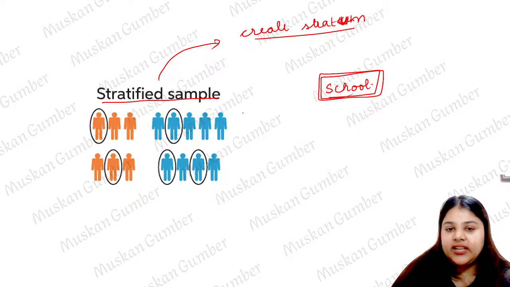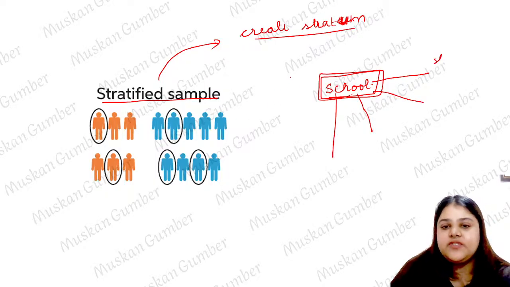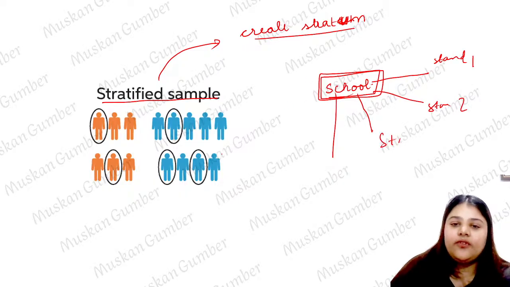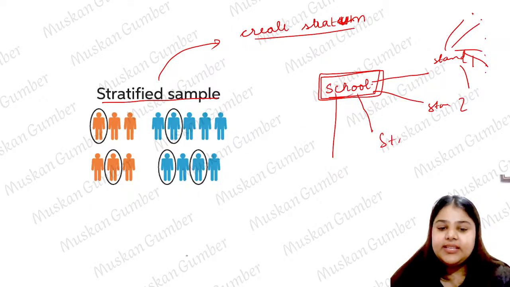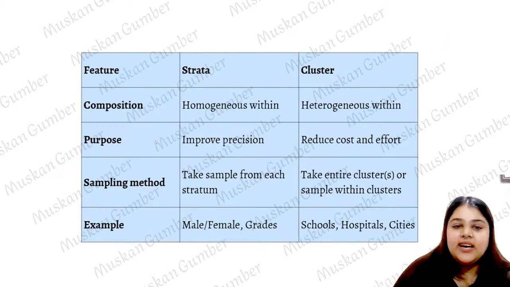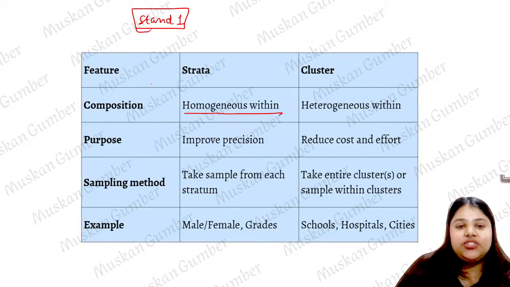Now what I have done is I have segregated the school into various standards. Obviously, there is standard 1, standard 2, standard 3, 4, 5, etc., and there are multiple sections of each of these as well. Now understand one thing: these strata will be homogeneous within, which means that all the people who belong to class 1 will be similar in nature.